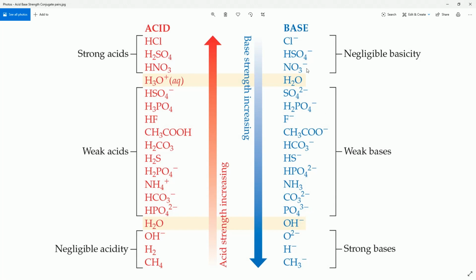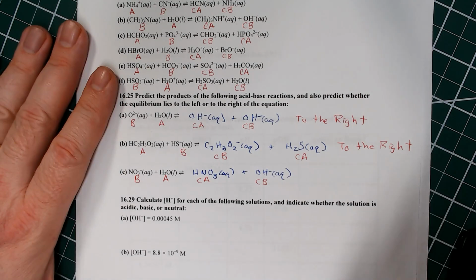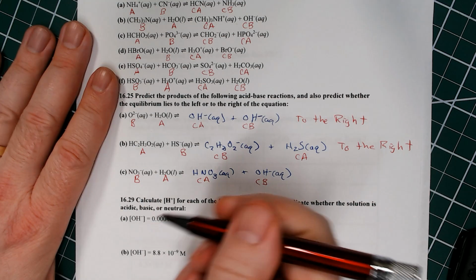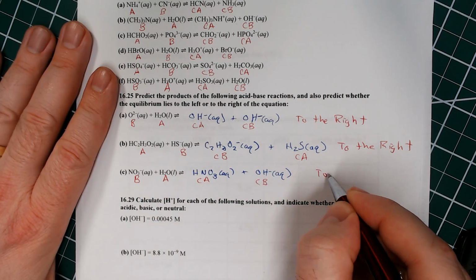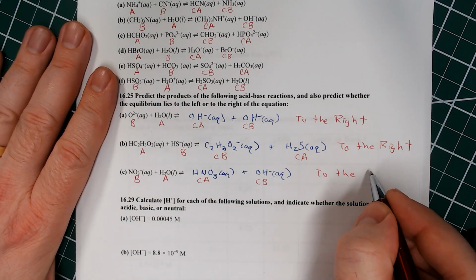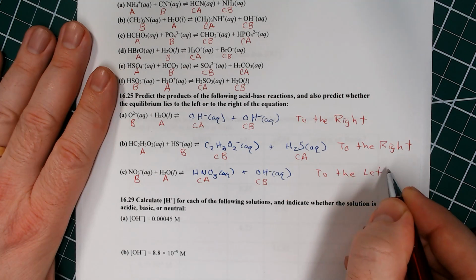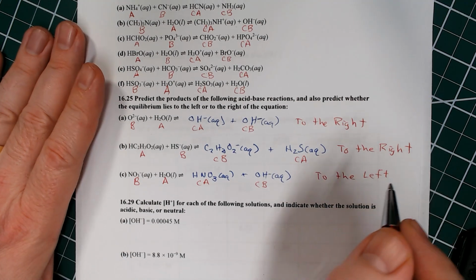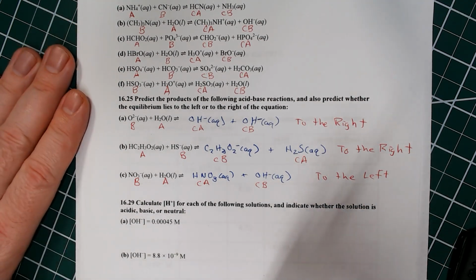There is nitrate all the way up there, a lousy base, so negligibly basic. So hydroxide is our stronger base. Since hydroxide is the stronger base, the equilibrium here will lie to the left, and pretty significantly to the left.